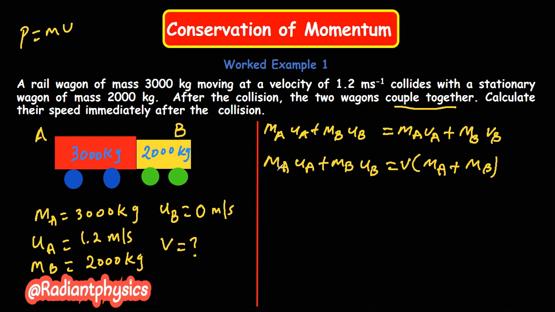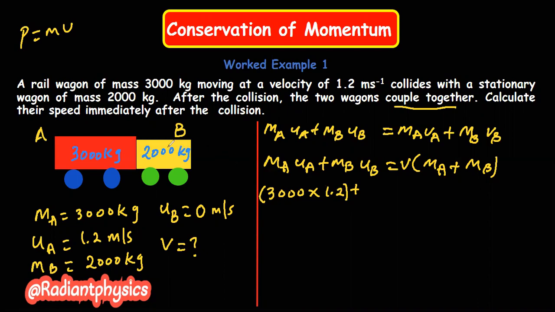So let's see. Our MA is 3,000 kilogram, times UA, the initial velocity, which is given as 1.2 meter per second. Then plus MB, which you can put in brackets.